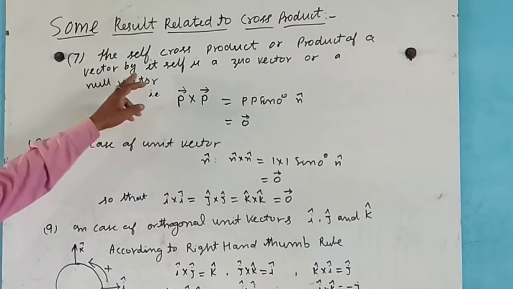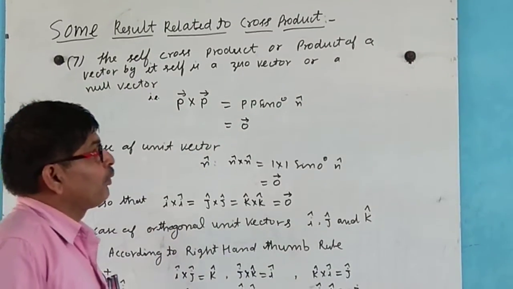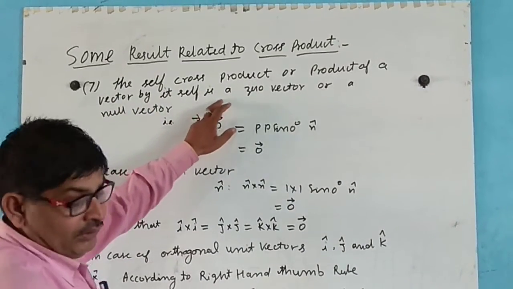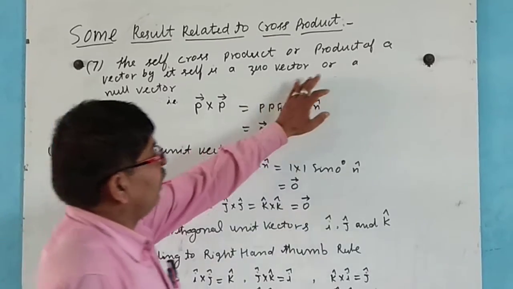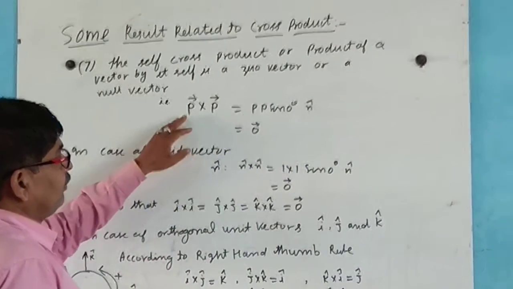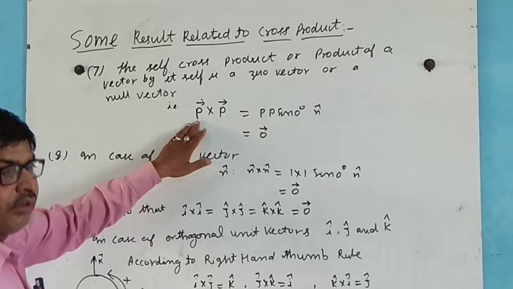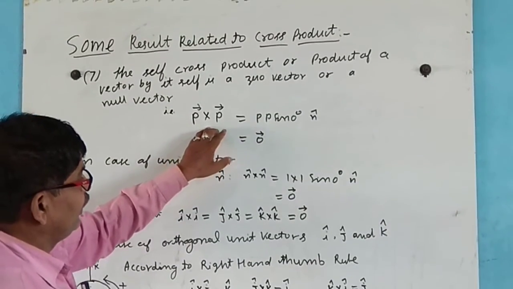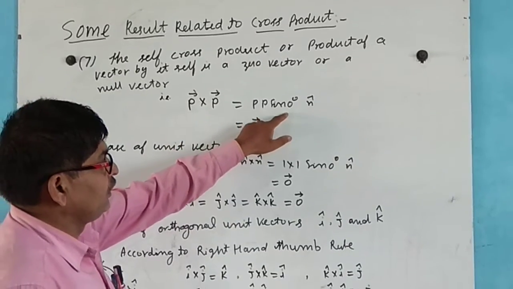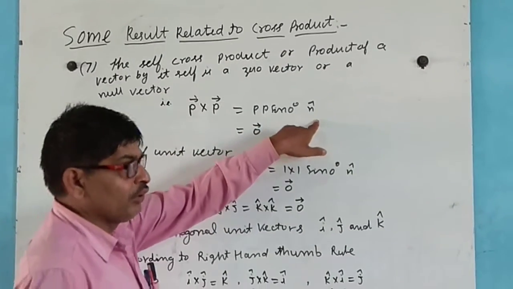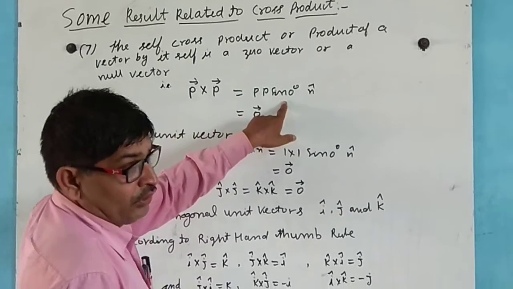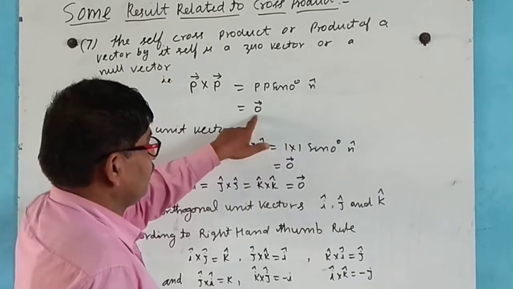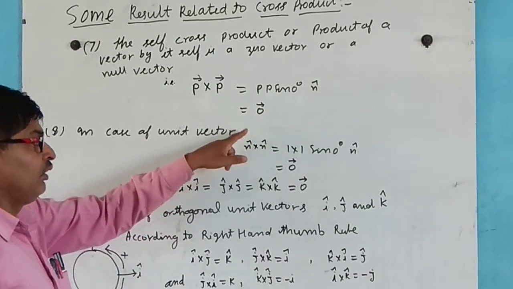Seventh, the self-cross product, or product of a vector by itself, is a zero vector or a null vector. Here P is a vector and we apply the cross product to it. This is PP sin 0 degree, and sin 0 is equal to 0, so this represents a null vector.